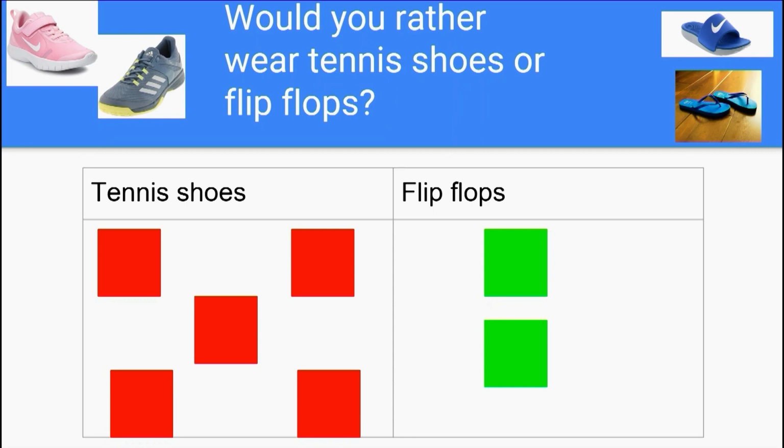I could count the cubes to figure out how many people I asked in all. If I count the red ones, I count 1, 2, 3, 4, 5. And if I count the green ones, 1, 2. So I asked 7 people in all.